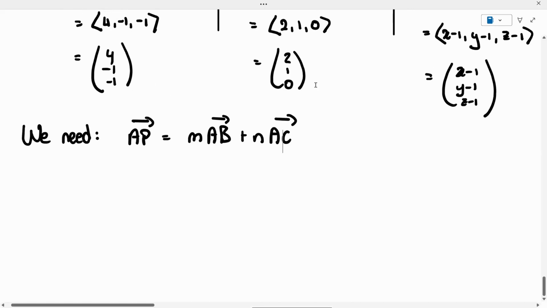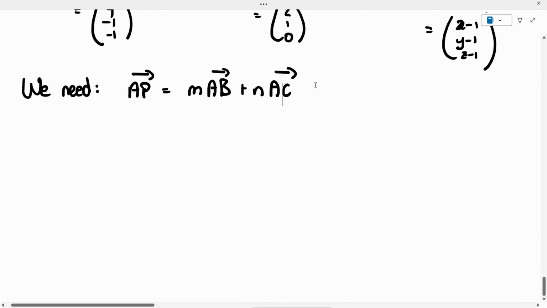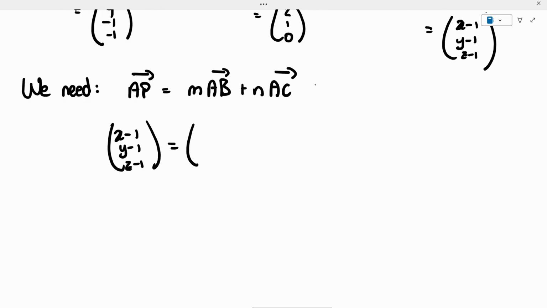Because we have AP, we have AB, we have AC. So AP, which is x minus 1, y minus 1, z minus 1, is equal to AB, which is 4, minus 1, minus 1, m, plus AC, which is 2, 1, 0, n. You all okay so far?